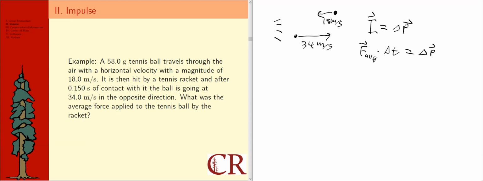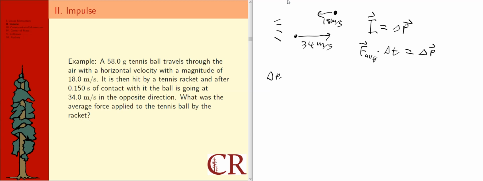I've kept all the vector symbols on here. In this class, we're not getting too deep into the notation of vector mathematics. So usually we're using pictures, and at some point we use our intuition to figure out what we're supposed to do. Let me start with the change in momentum, although instead of writing it as a vector, I'm just going to look at the one-dimensional change in momentum.